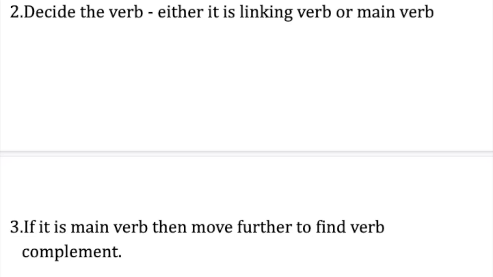Do remember that we cannot find the indirect object all by itself in a sentence. We need to have the direct object, and then only it is possible, depending on the sentence, to find the indirect object. A sentence can have only a direct object, or it can have the combination of direct object and indirect object, and these two objects are called verb complements.